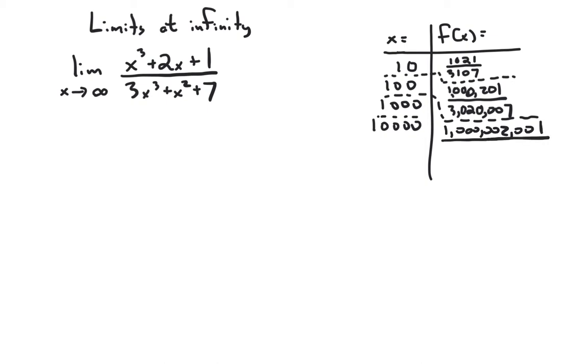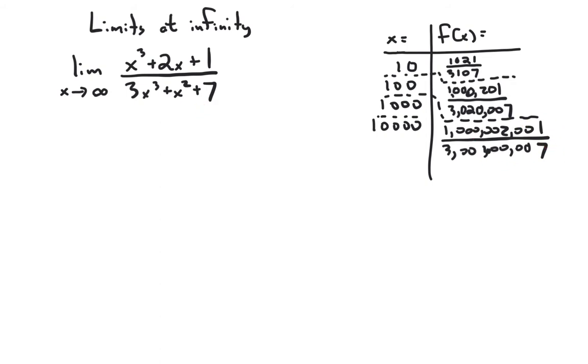And in my denominator, it's going to be 3,000,000,000, 1,000,000, and 7.